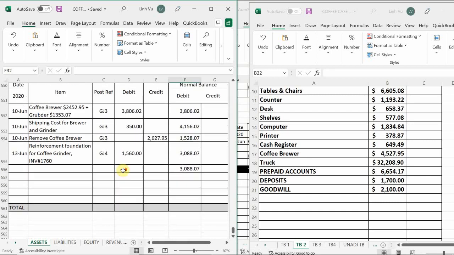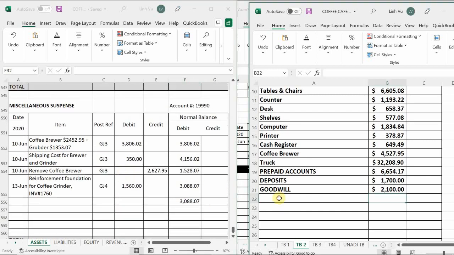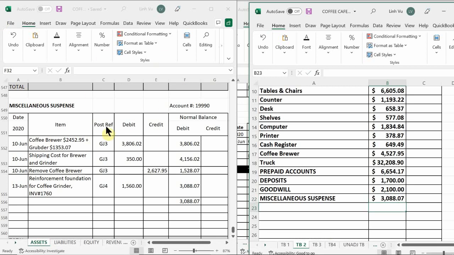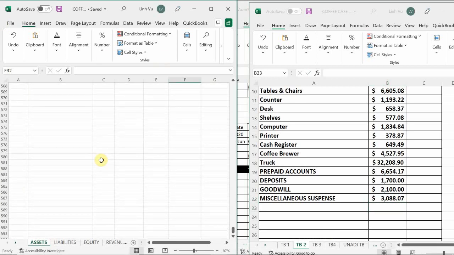I have an account balance in my miscellaneous suspense account. How much is it worth right now? $3,088.07. And that is all of our assets.